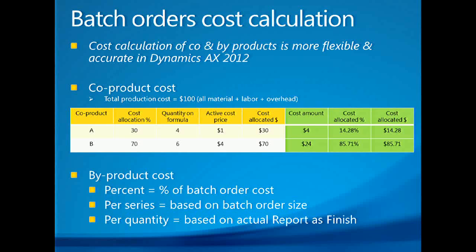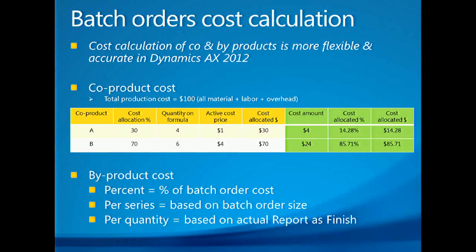And then this is basically just multiplying it by the total cost of the batch order, right? So this would be the cost that is allocated to co-product A, and this is the cost allocated to co-product B. But this is at the formula level. When you produce a batch order, then this all will scale.